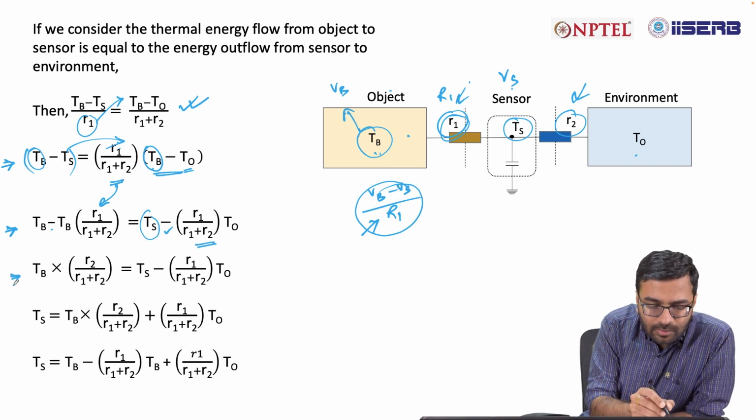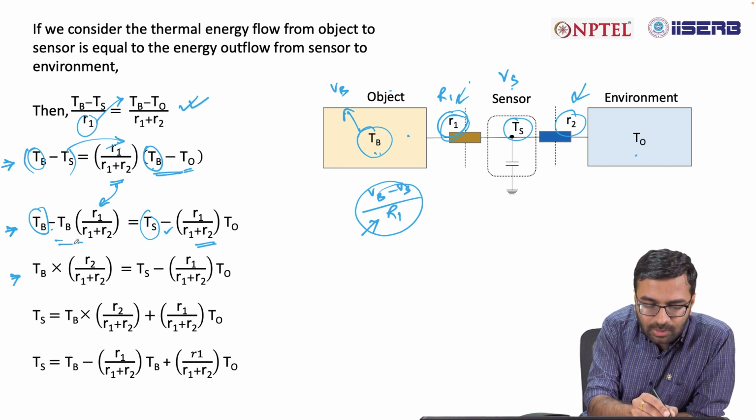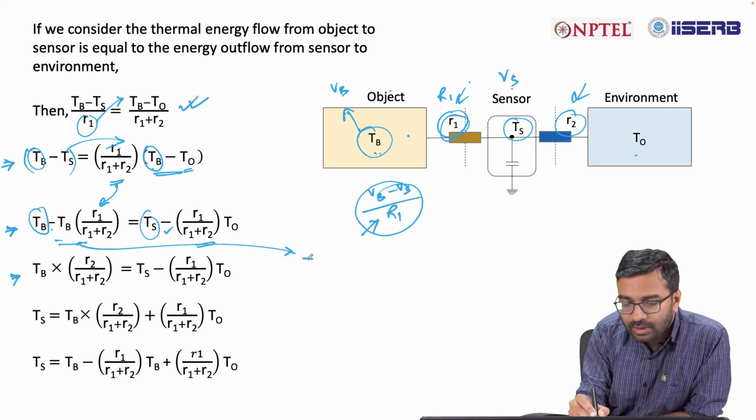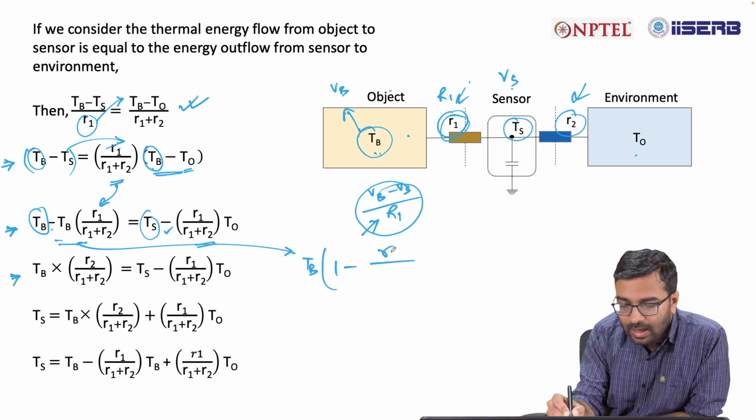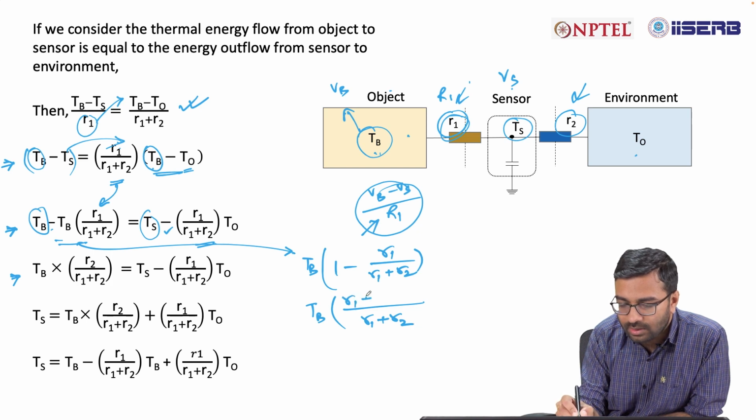Then you may take TB common from both these terms. So TB into this term will become 1 minus R1 divided by R1 plus R2. So this is TB into R1 plus R2 minus R1, right?